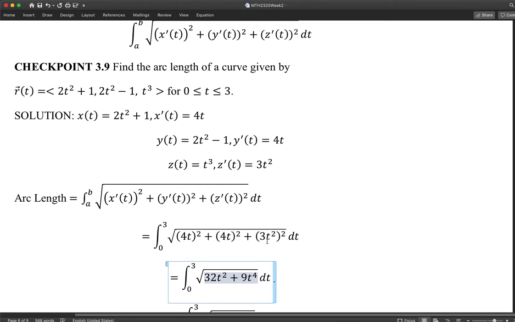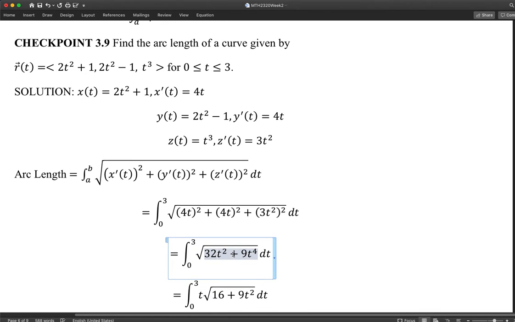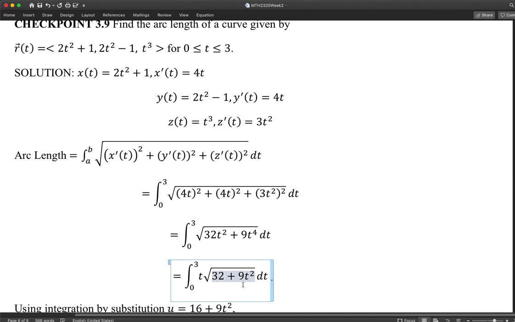32t squared, and this part is 9 times t to the 4. I hope you can tell t squared is a common factor, right? So we can take t squared outside of the square root, and that becomes t. Inside, we have 32 plus 9t squared.